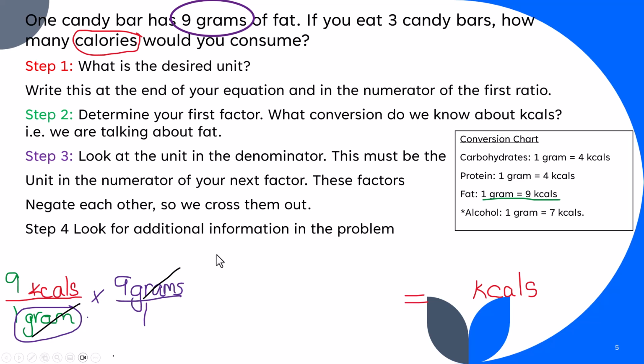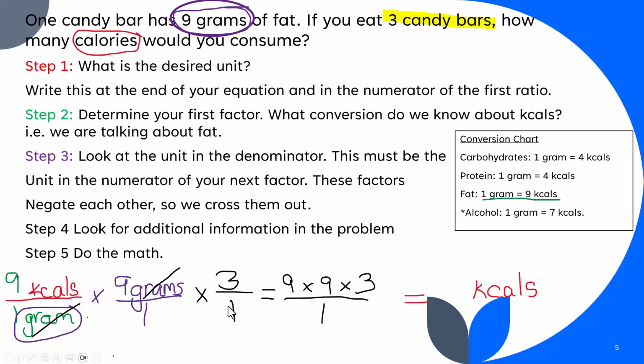We're adding an extra step here because there was a little more information in the question. Let's go back and look for additional information in the problem. We see that there are 3 candy bars consumed. So we add that to our equation, times 3. Then we do the math. 9 times 9 times 3 over 1, which equals 243 calories from fat in those 3 candy bars.